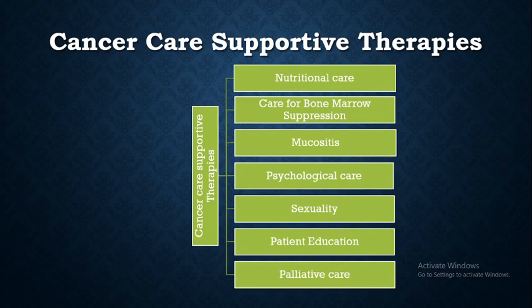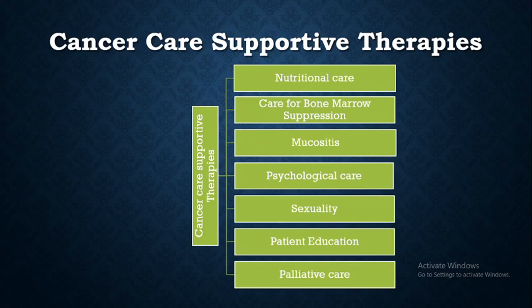So the cancer care supportive therapy. The cancer care supportive therapy includes main parts which are very important in supporting cancer patients. Let us look at them one by one.